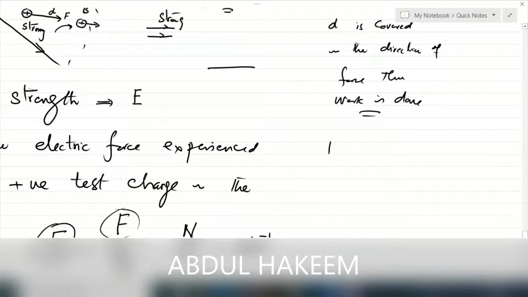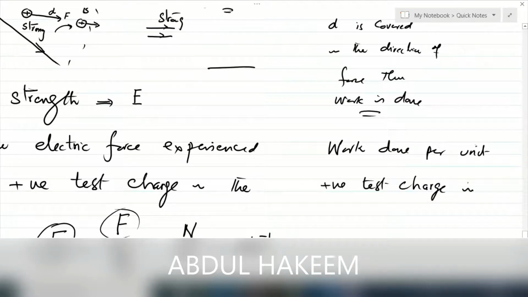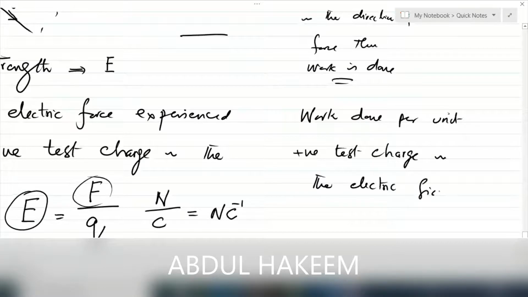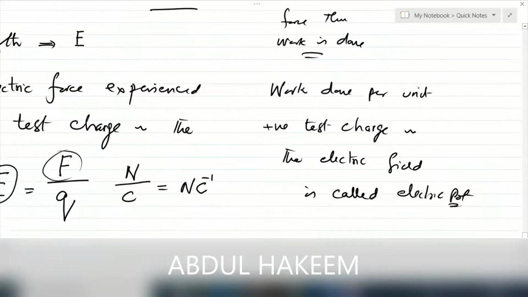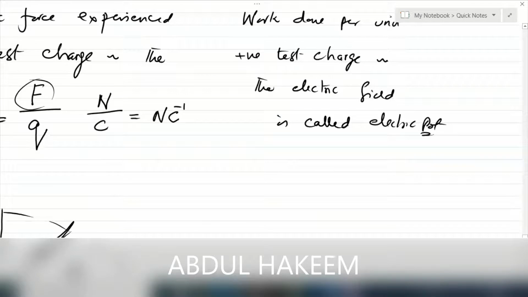So work done per unit positive test charge in the electric field is called electric potential.